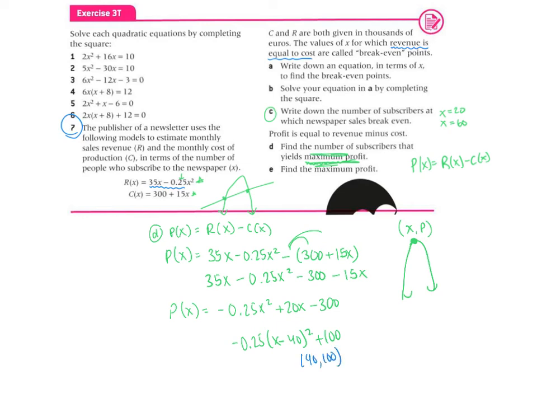So the number of subscribers they'll need to have is 40 subscribers. And then in E, the maximum profit is 100, but in the question it says both are given in thousands of euros. So this is like 100,000 euros.